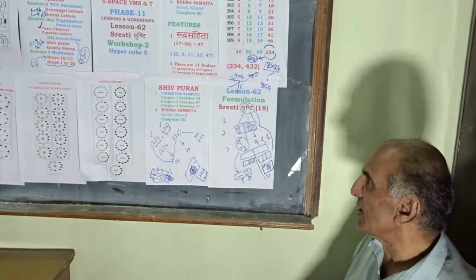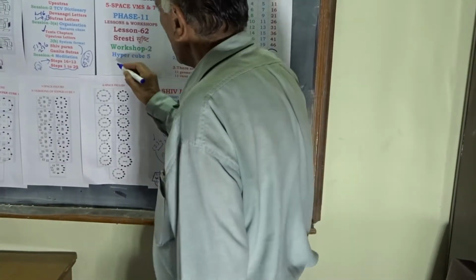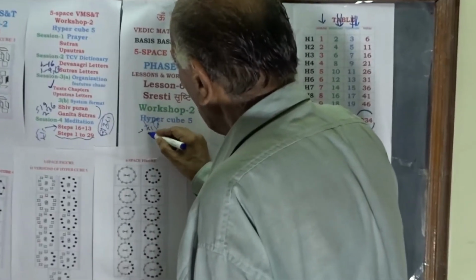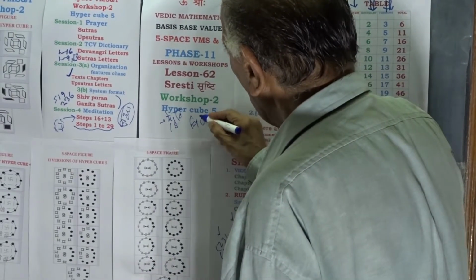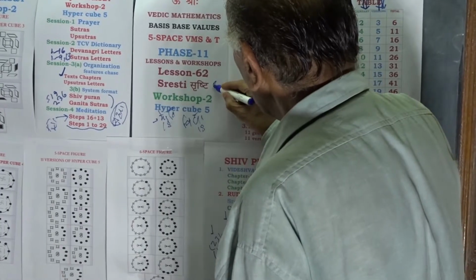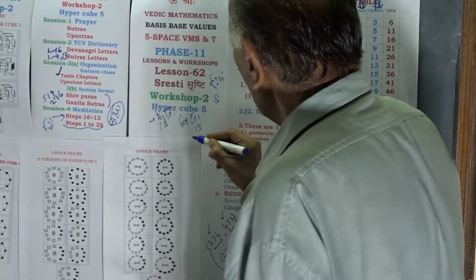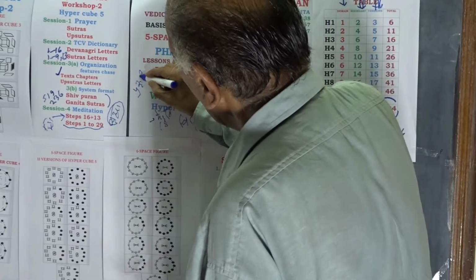Now let us see that value 18 takes us where? The formulation Jyoti is of value 18. Vidya is also of value 18. Formulation Ishwar is also of value 18. And formulation Prakriti is also of value 18.